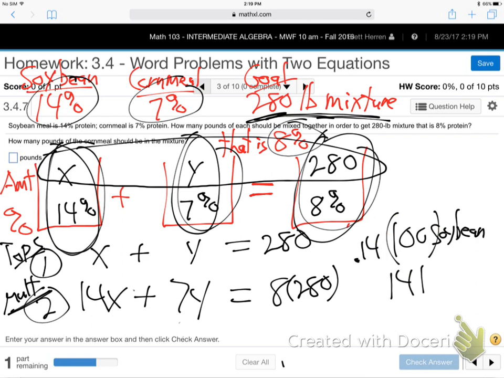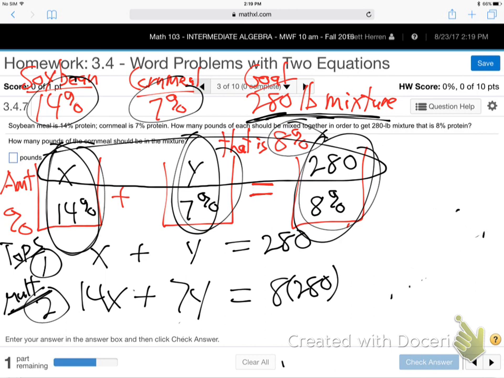That would come out to be 14 pounds of actual protein. So when you multiply, you find the actual amount of protein. So 0.14 times x is actual protein coming out of all the soybean pounds. And this is actual protein coming out of all the cornmeal pounds. And this is actual protein in the final mixture, because it's the percent protein of the final mixture. So you're adding up protein out of the first bag plus protein out of the second to equal final protein. That's what you're really doing. All right, anyway, there's the real life reason.